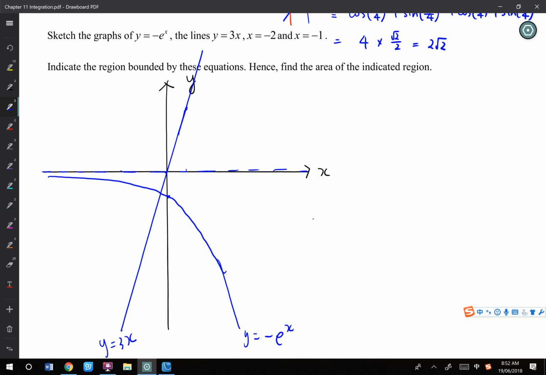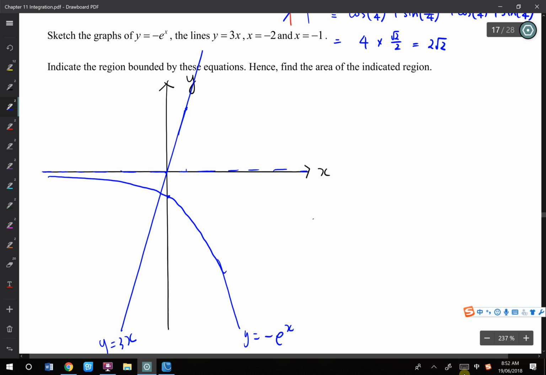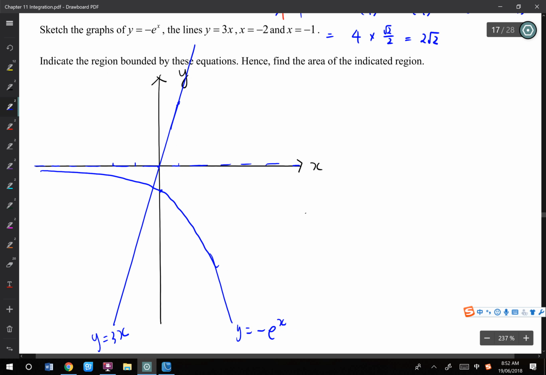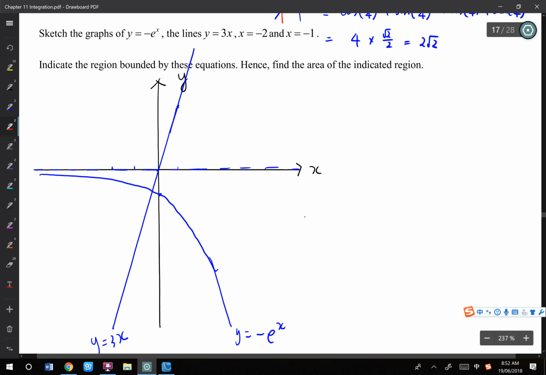And I want x equals to -2 and x equals to -1. Okay, so that's x equals to -2 and -1. This is the area bound between that.